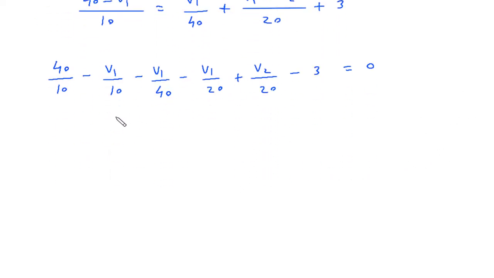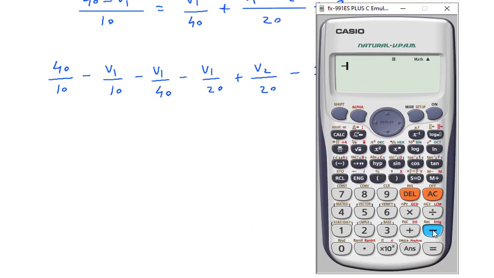Now this will be minus 1 by 10, minus 1 by 40, minus 1 by 20, plus 1 by 20, not plus 1 by 20 for V1, because this is V2.